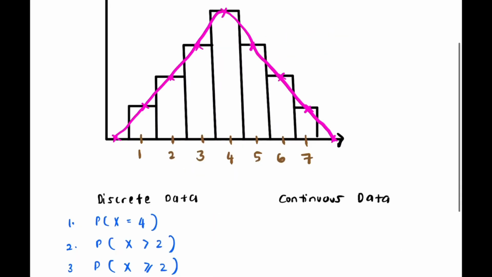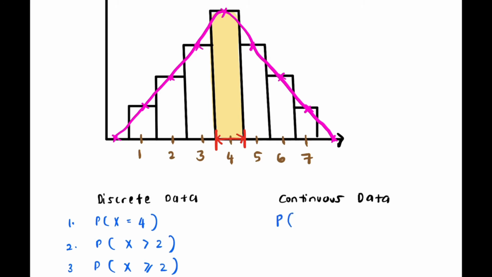Okay, so let's say the question from the discrete wants you to find the probability of x equal to 4. X equal to 4 means that you are finding bar number 4 here. But when you convert to the continuous data, which is normal distribution, bar number 4 is actually starting from here up until the end of the bar. So how can you write this interval?